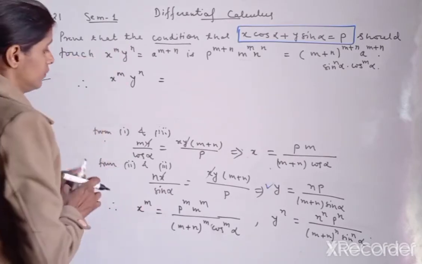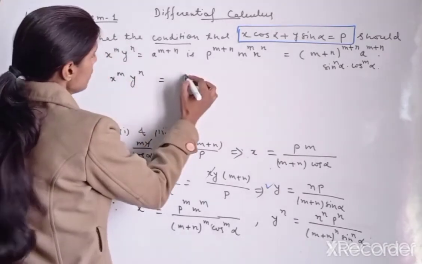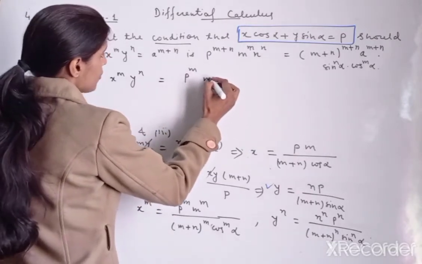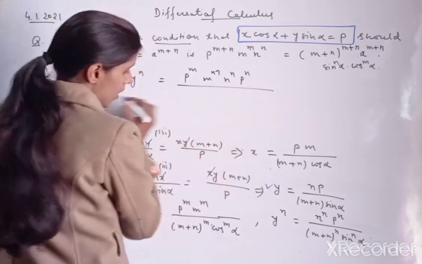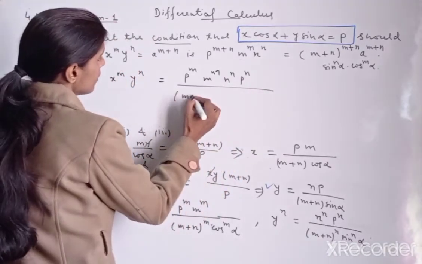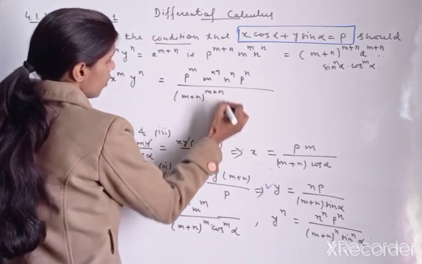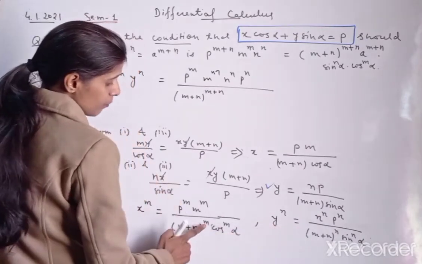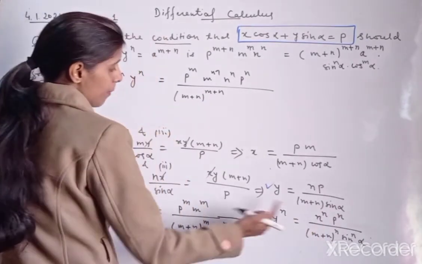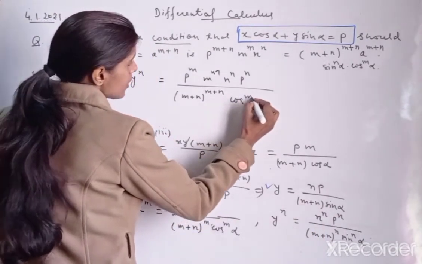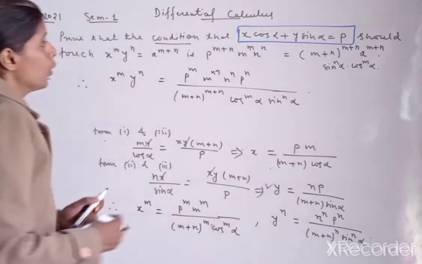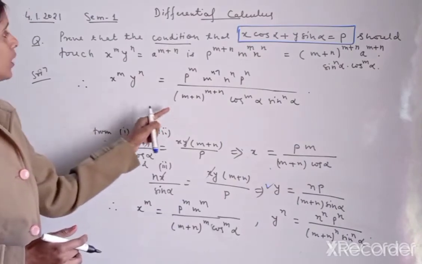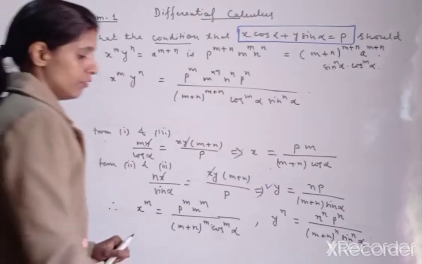This becomes p to the power m, m to the power m, n to the power n, p to the power n divided by (m plus n) to the power (m plus n), because after multiplication we have the product m and then n, so m plus n, and then cos m alpha sin n alpha.